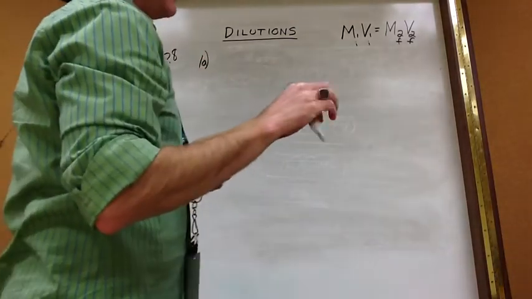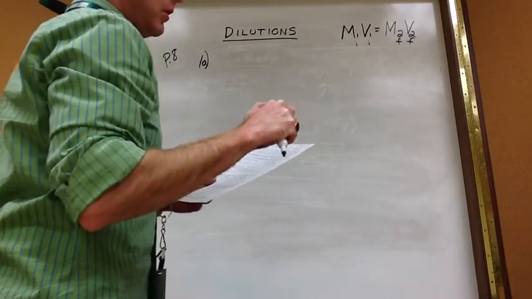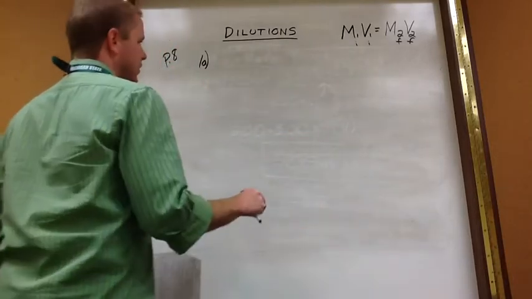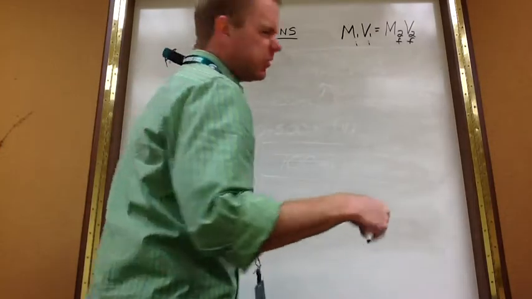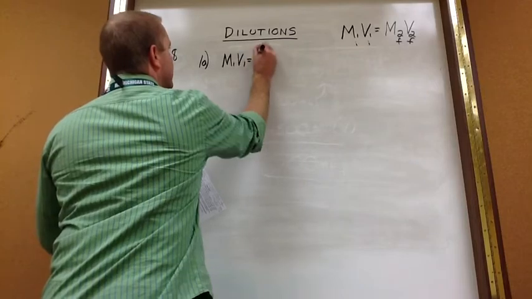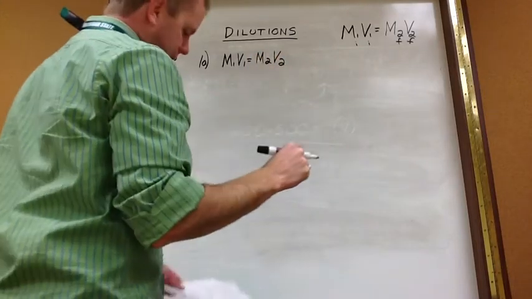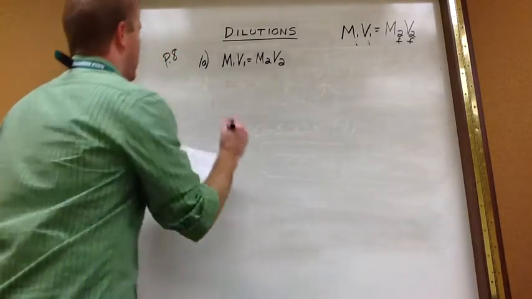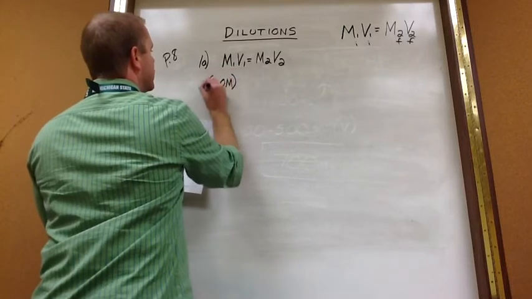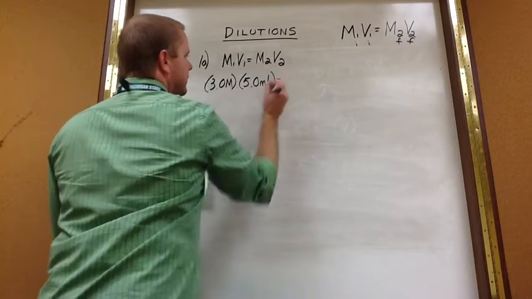So, it says, determine the concentration for each of the following mixtures. Equal volumes of 3 molar KCl and water. Equal volumes. So you don't know how much, so say 5 milliliters. What the heck? So, M1V1 equals M2V2. So I'm going to say we have 5 milliliters of KCl and 5 milliliters of water. Well, you're told in letter A that this is 3 molar KCl. And I told you that you're going to have 5.0 milliliters of it.